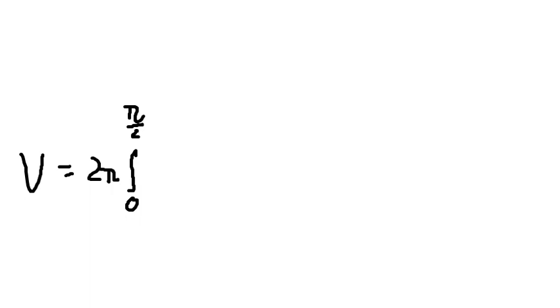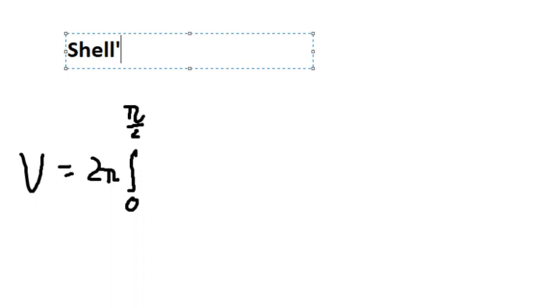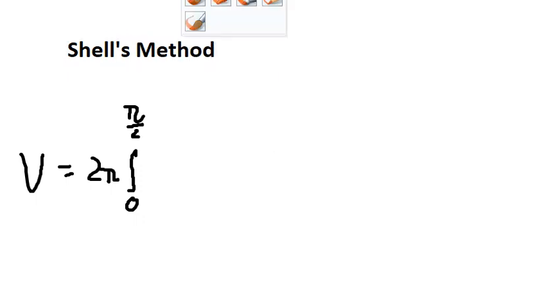This one is the shell method. Now I will put x and the function cosine x dx.